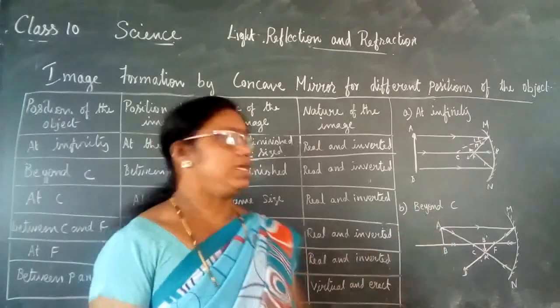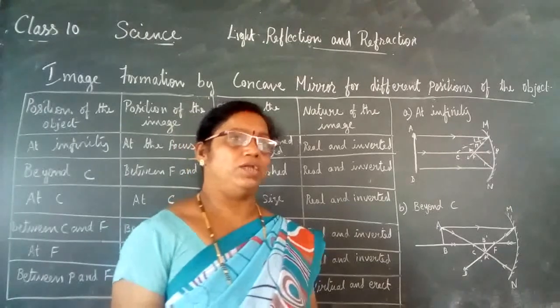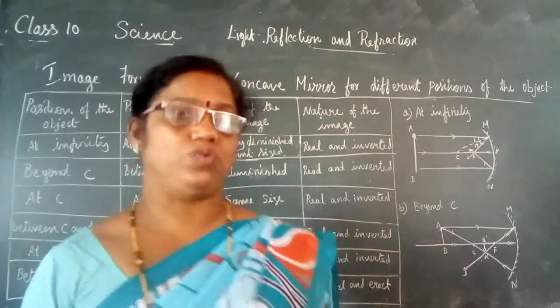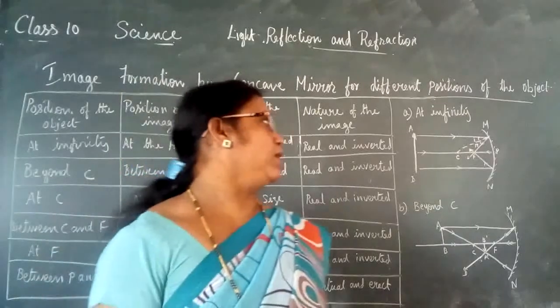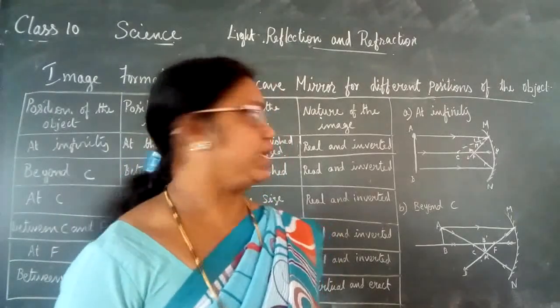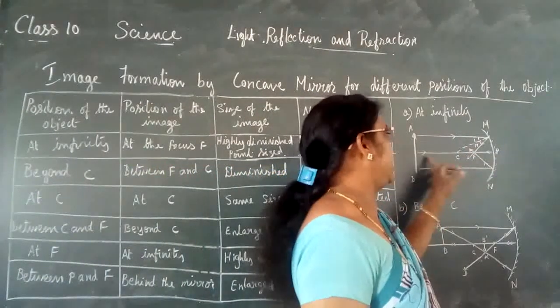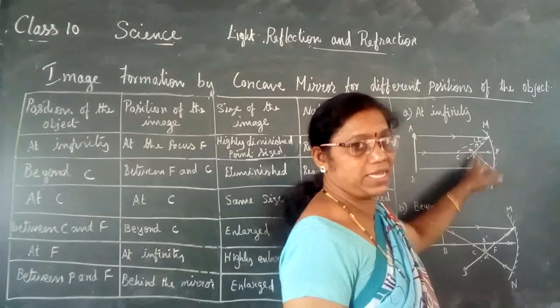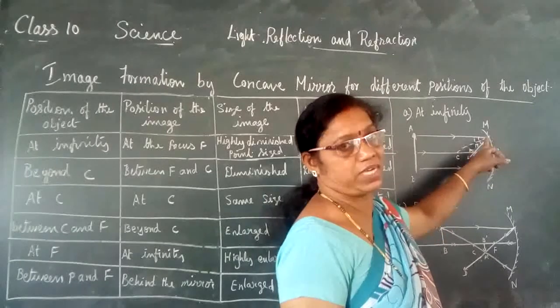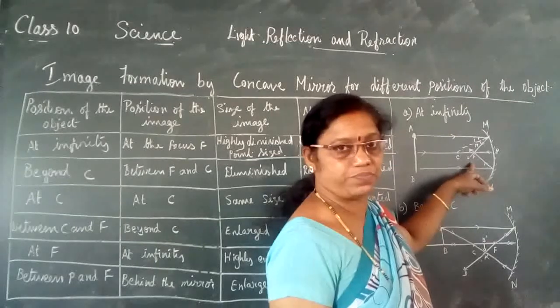And while drawing the ray diagrams, we have to follow any two rules of the ray. That is, number one, actually 4 rules are there. A ray which travels parallel to the principal axis, after reflection, passes through the principal focus.